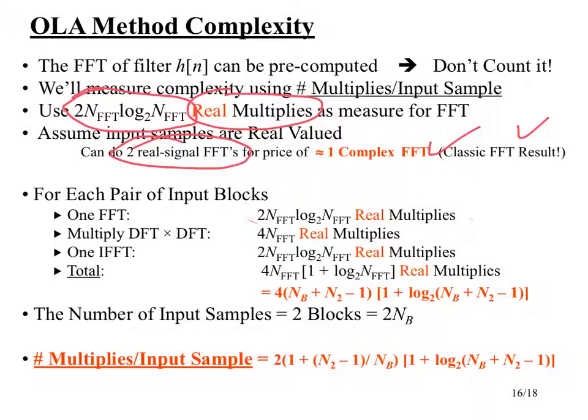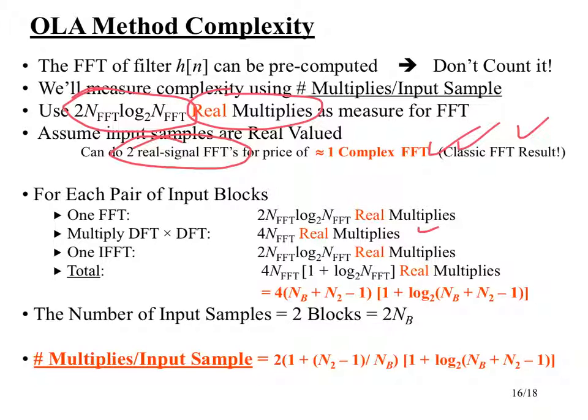Then we have to do a product, and so we have to multiply the DFT of each block times the DFT of the filter, and we're doing that for a pair of input blocks, so we end up with 4 NFFT real multiplies. And then we have to do one inverse FFT, and again, that's using the same trick as we used.